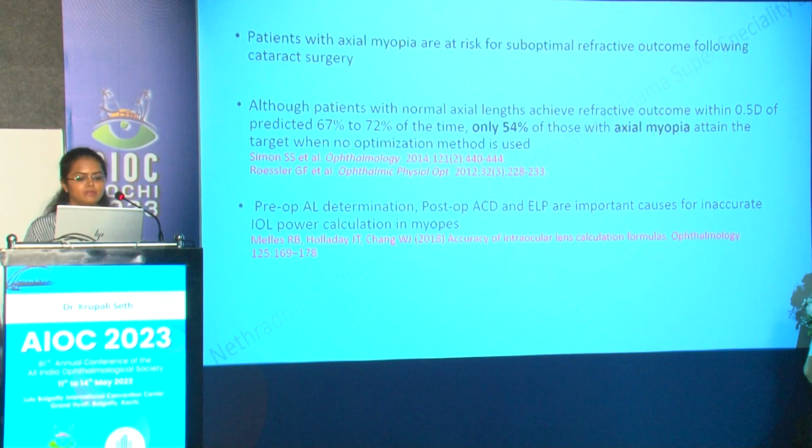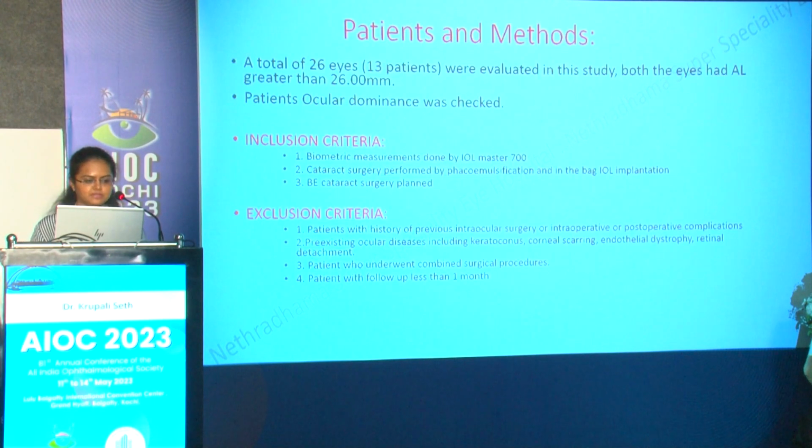Patients with normal axial length achieve the refractive outcome within the predicted 0.5 diopters in 67 to 72% of the cases, whereas only 54% of those with axial myopia attain the target refraction when no optimization method is used. The pre-op axial length determination, the post-op anterior chamber depth, and the effective lens position are the important causes for inaccurate IOL power calculation in high myopes.